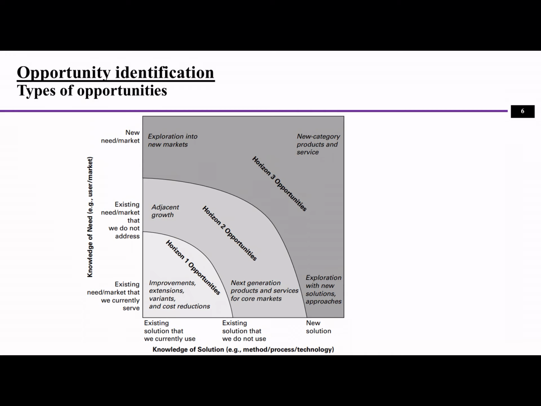So this is a Horizon 3 opportunity. Well, after years, you can see the iPhone has been constantly improving a little bit, mostly at Horizon 1 or Horizon 2 opportunities, because they are still in the same market. So these are the different types of opportunities you can look at.